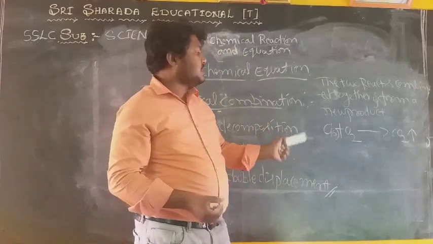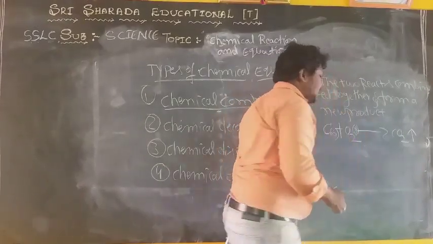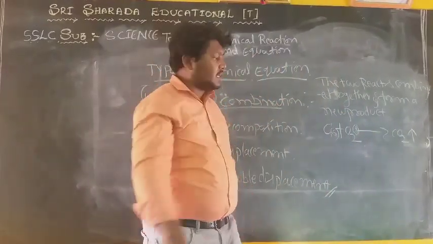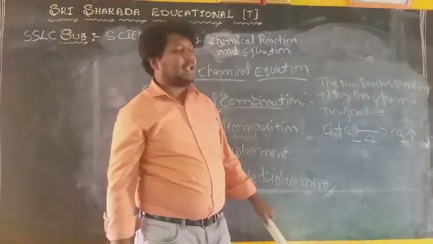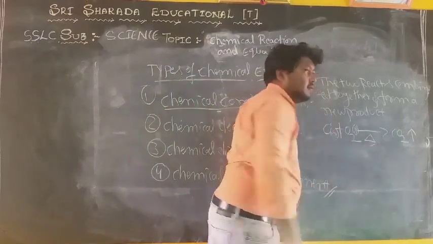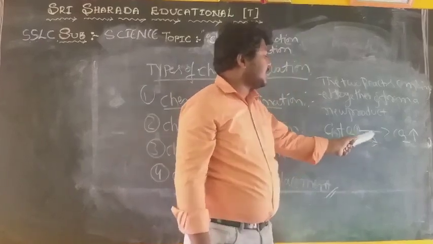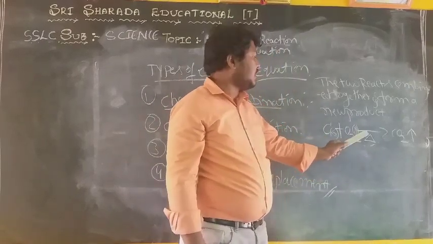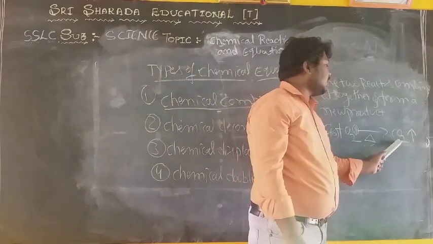This carbon is heated in the presence of oxygen, which is in a gaseous form. Heat can be represented by a small triangle arrow mark. It represents the heating of the mixture. Which gives rise to carbon dioxide.